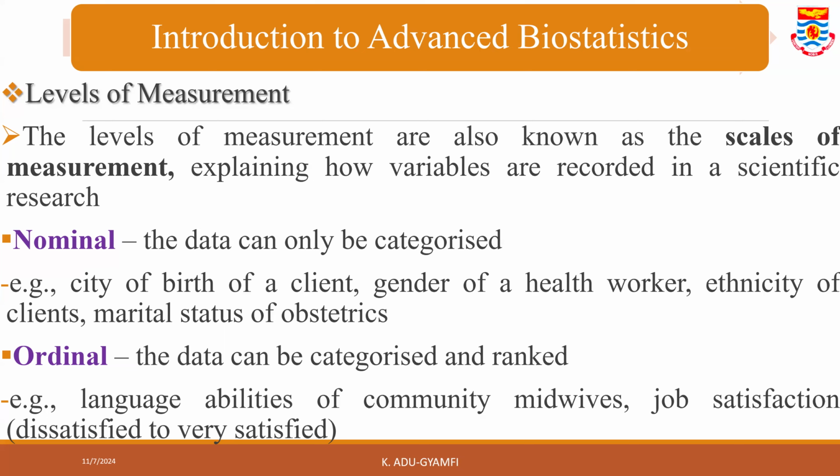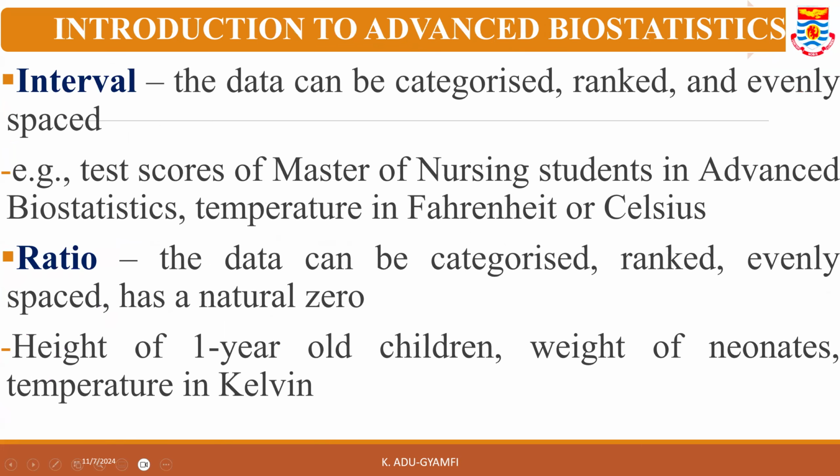When we go to the next level of measurement, interval is nominal, ordinal, plus the spacing. In simple social science terms, the 0 does not mean absence, but there's a certain spacing, which is even.